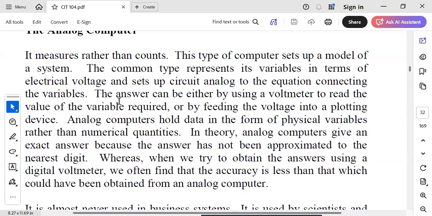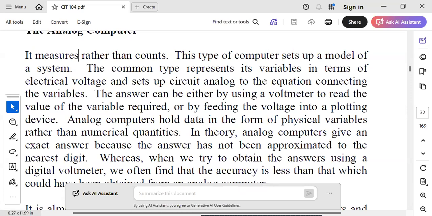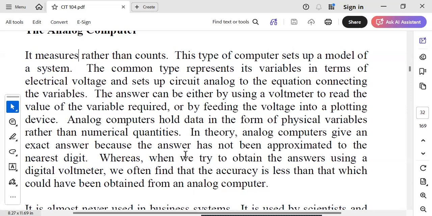Analog computers give exact answers because the answer has not been approximated to the nearest digits. So that's trying to tell us that there is a difference between analog and digital. A digital one will approximate. Let me give you an example. If you are using a digital calculator now.